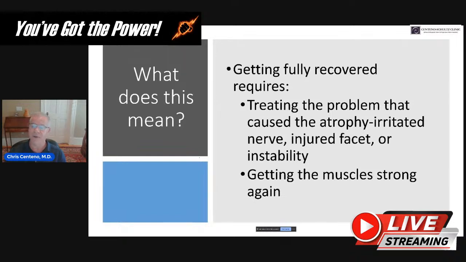Now, obviously, if you've got a ligament problem, we've got to tighten down those ligaments. But then if there's atrophy, you have to get the muscle stronger to get fully recovered. So again, stability is muscle and ligament. And now we're talking about this muscle part. So I think that's all I've got for today.